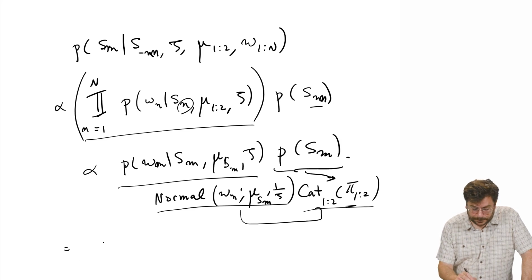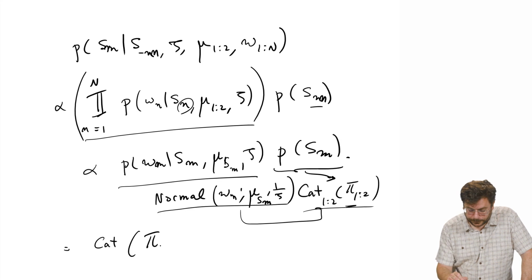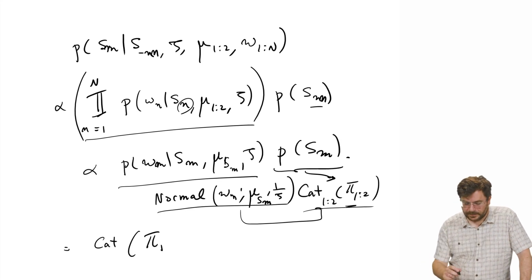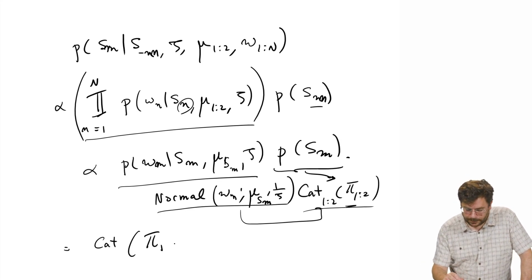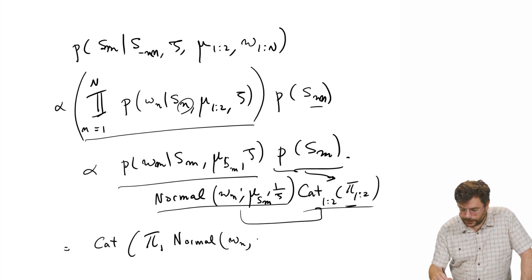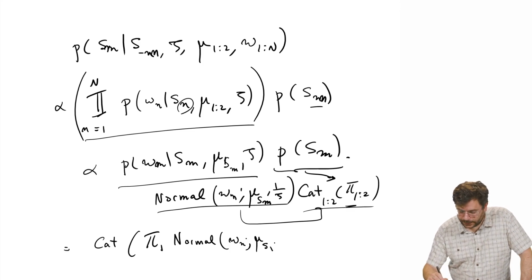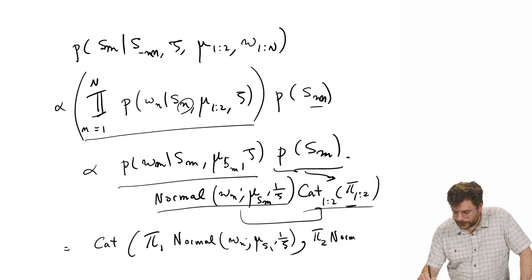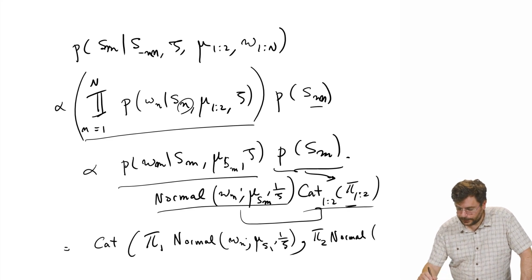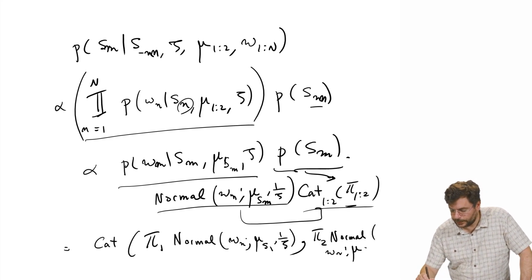It's going to be a categorical, and let's write it down as pi 1 multiplied by my normal W_n, mu sub S1, 1 over tau, and then the other argument will be pi 2, and then another normal W_n, mu sub S2, 1 over tau, close bracket.